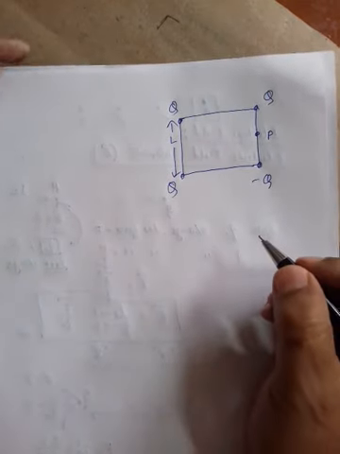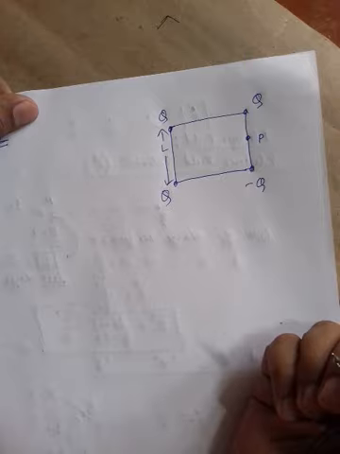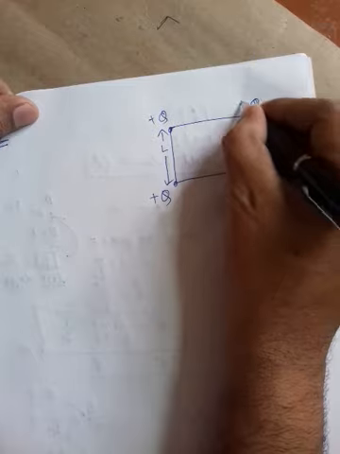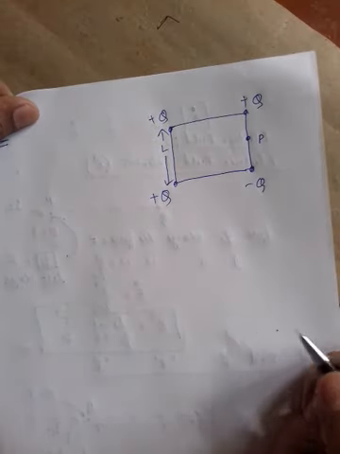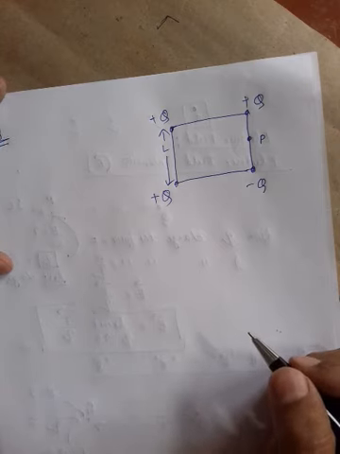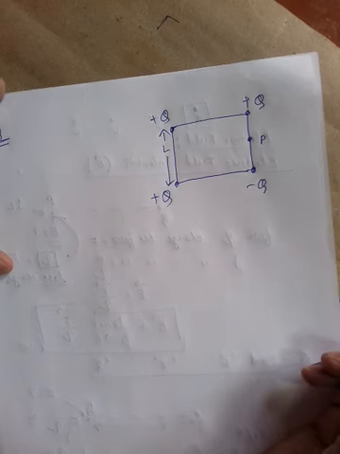You write the question first: figure shows 4 point charges placed at the corners of a square of side L. P is the midpoint.